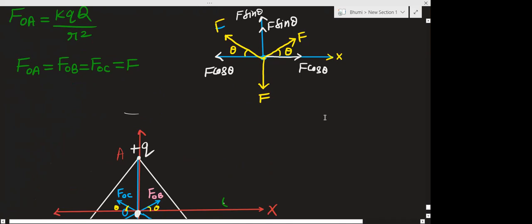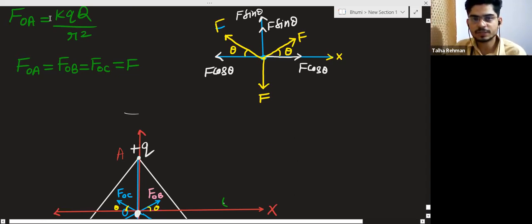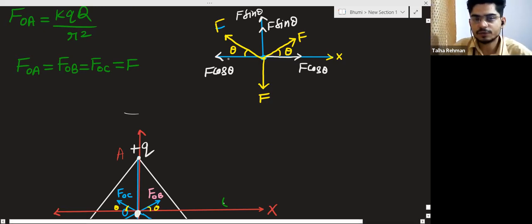So now from here you can see that this F cos theta is in this direction and this F cos theta is in this direction, means these forces will get cancelled out. Two forces are in opposite direction, of equal magnitude, means these two forces will get cancelled out.